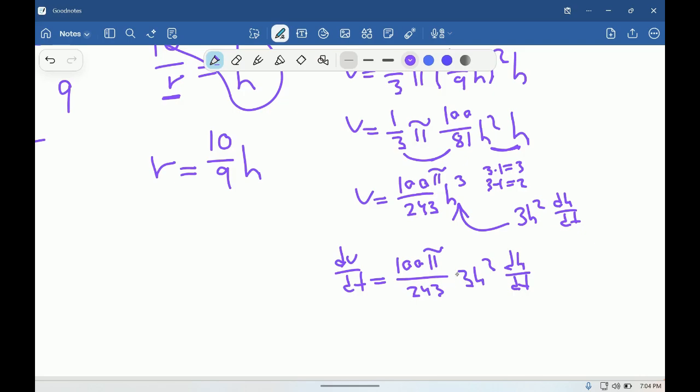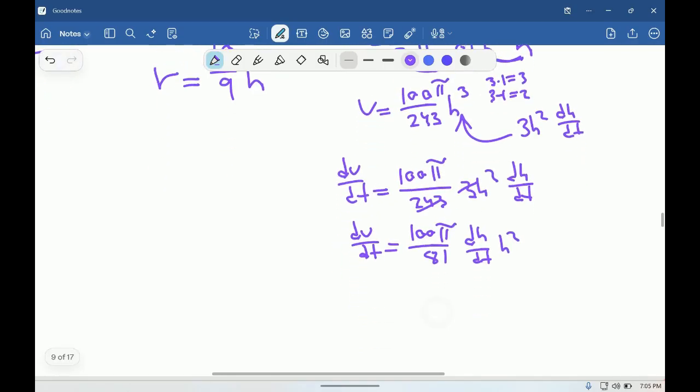And then we're going to want to cancel this out, but in doing so, we're also going to take the 3 out of 243. So we're going to write this, and we're going to end up with 100 pi over 81 dh/dt h squared.